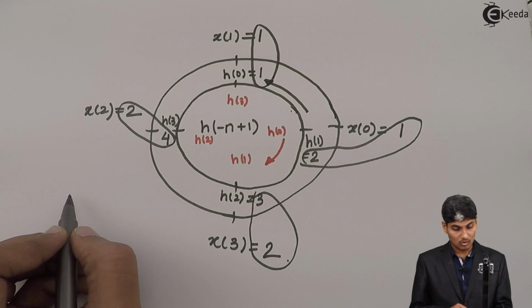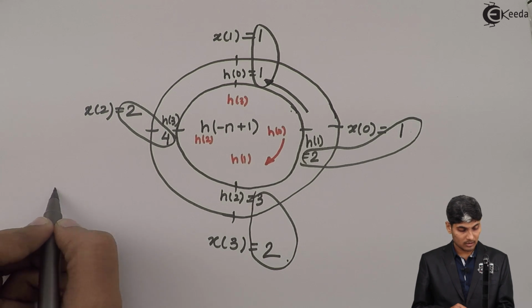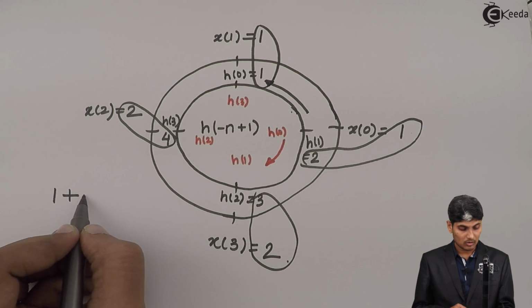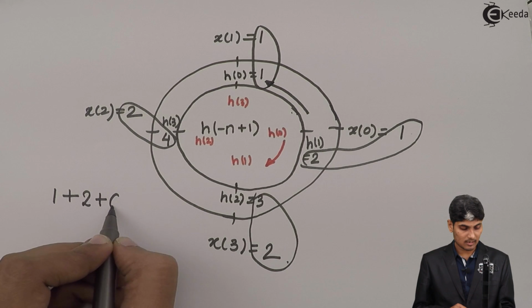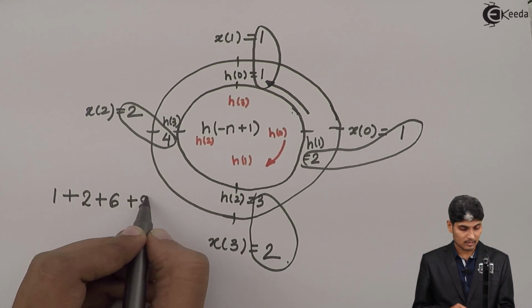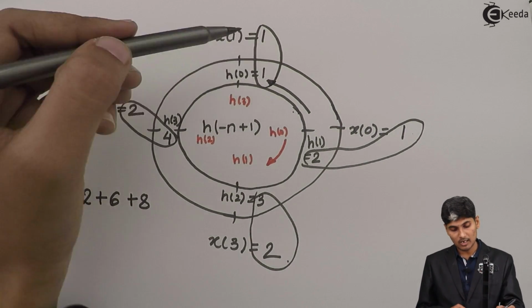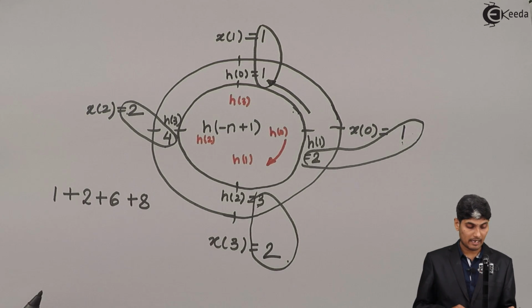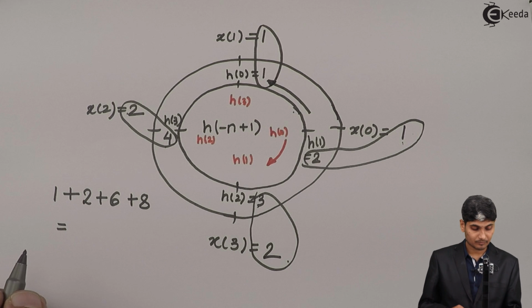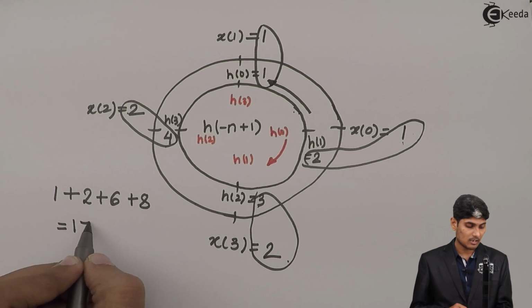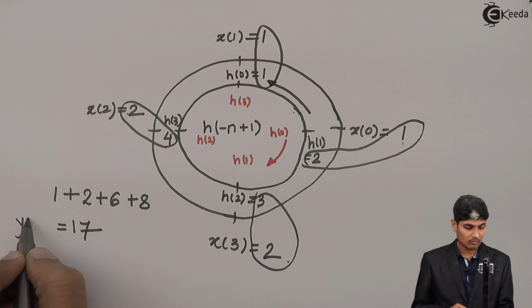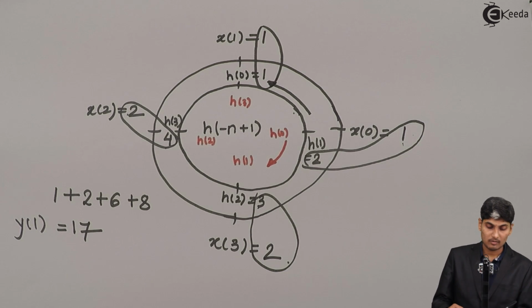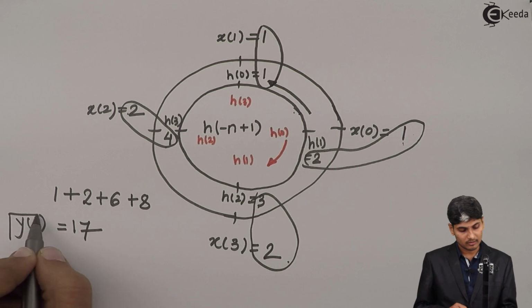So, we have overlap as 1 plus 2 plus 6 plus 8, right. 1 plus 2 plus 6 plus 8. So, that is 10, 16, 17, which is y of 1. Okay. So, y of 1 is 17.